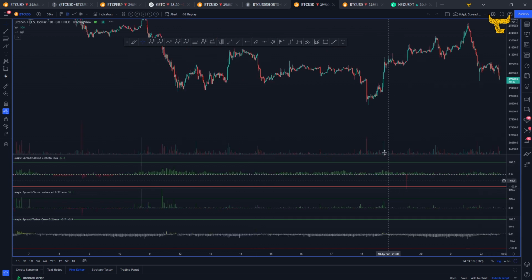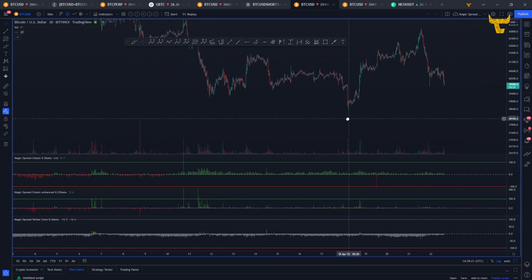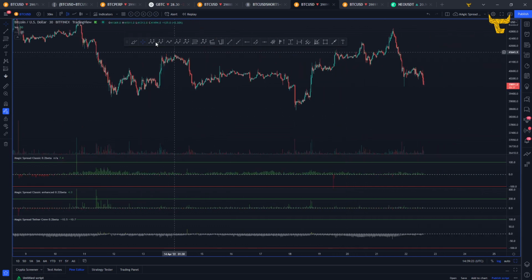Magic spread is mostly green, but not hugely. We can see here on the enhanced version a bit of volume on this break. So Bitfinex whales helped push through that resistance. That is a POC that we have in the mid-range, and to breach market structure here.